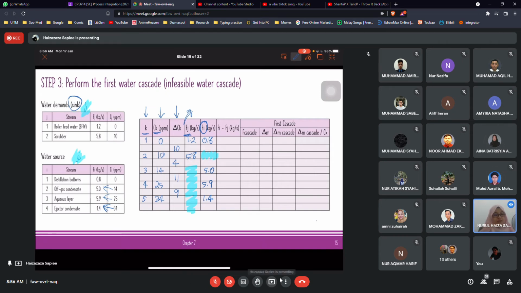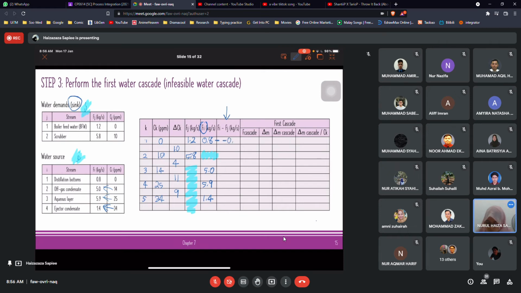Alright, thank you for the response. Okay, cool. So this one is now your Fi minus Fj. So it's basically this minus this one. So what value do you get here? It's your demand minus your source. So for 0, how much?